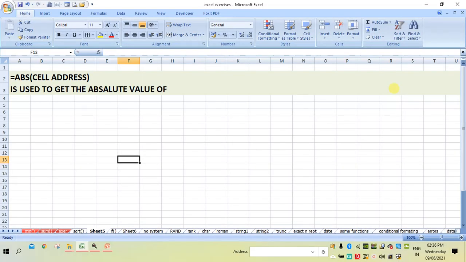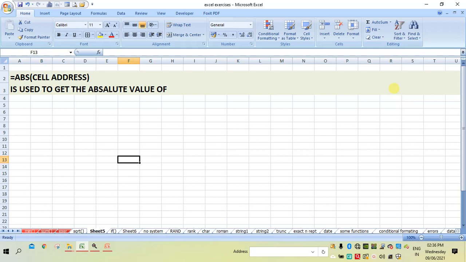The function ABS, that is the absolute function, is used to get the absolute value of a cell. That is, if the number is negative, it can be converted into positive. That is called absolute.